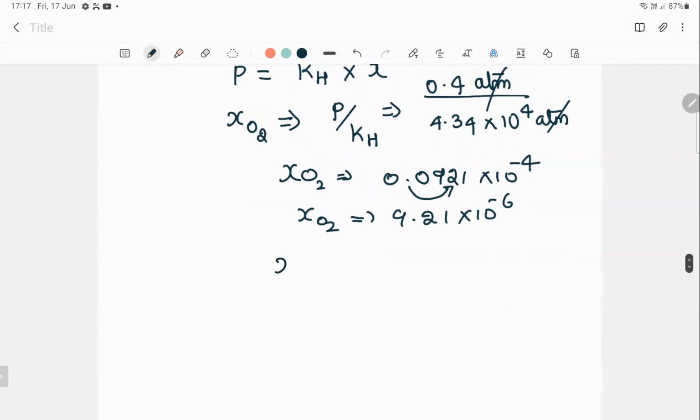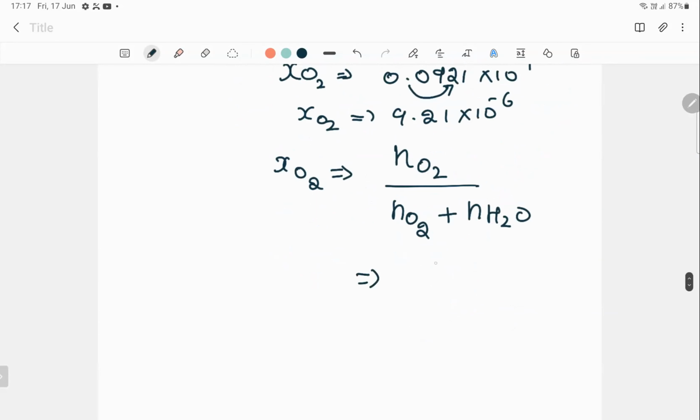So now, mole fraction of oxygen is equal to number of moles of oxygen divided by number of moles of oxygen plus number of moles of water. We don't know the number of moles of oxygen, and this value is negligible. Number of moles of water is equal to 55.5. Directly, you can just write that.